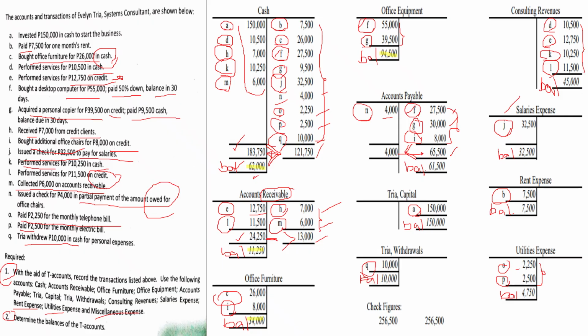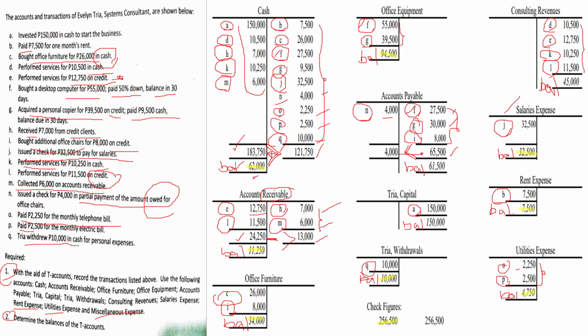We have 10,000 debit, 32,500 debit, 75 debit, and 4,750 debit. You add all of those debits, then it equals 256,500.